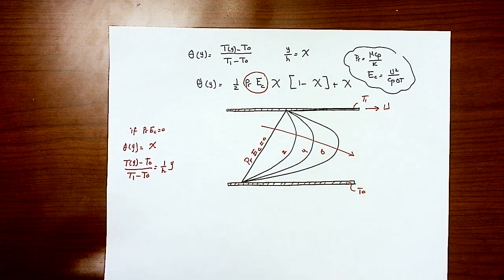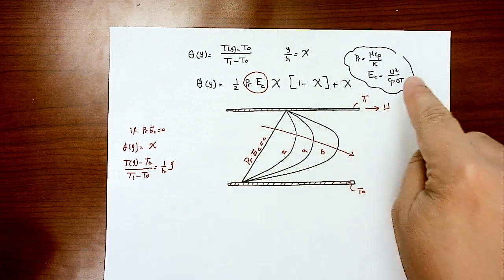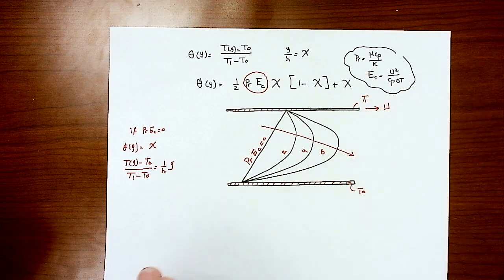If mu is constant, Cp is constant, K is constant, then actually the Prandtl number is not really contributing too much here. It's going to have a fixed contribution every time. But the Eckert number is a function of the velocity u, right? So the bigger the Eckert number, the higher the kinetic energy. That's why the profile is dragged a little bit more toward the parabolic shape.